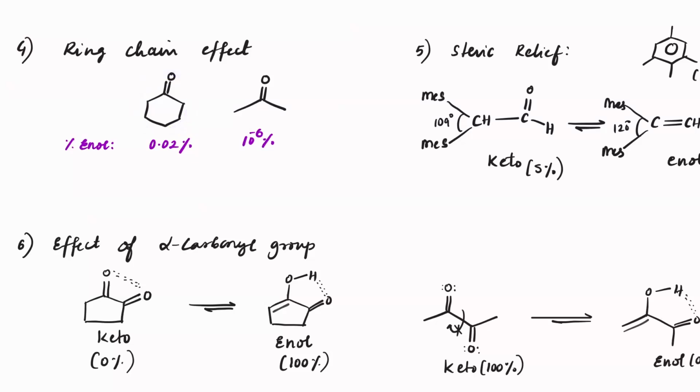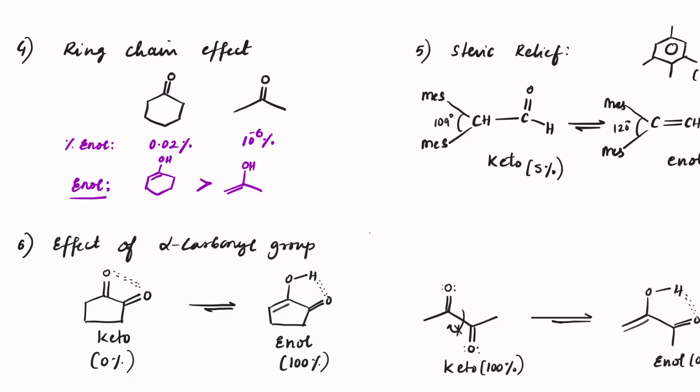So percentage enol wise, this one is the more form. If this is confusing you, one second, I'll write the enol at the bottom here. What is the enol form here? The enol form will be like this. This enol is greater than this enol.